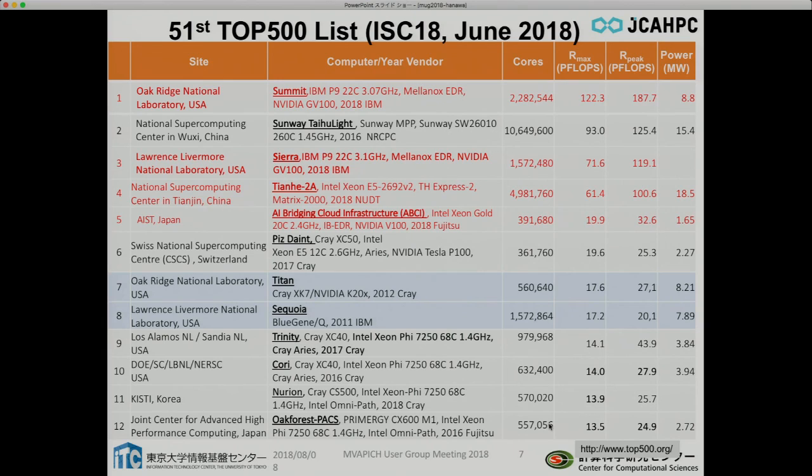The KISTI machine is a little bigger than Oakforest-PACS. So the KISTI system is number 11, and our system is number 12.